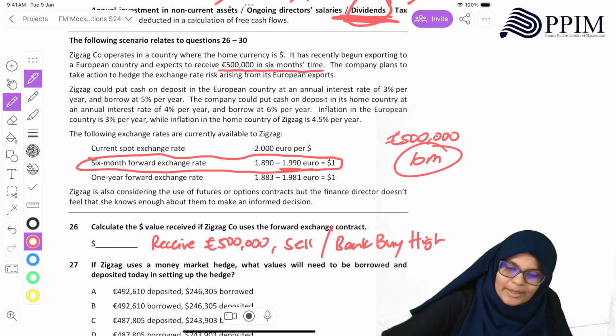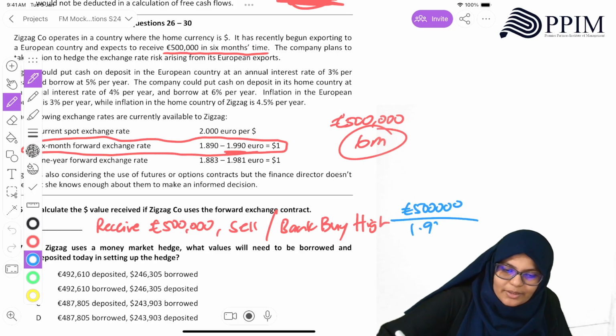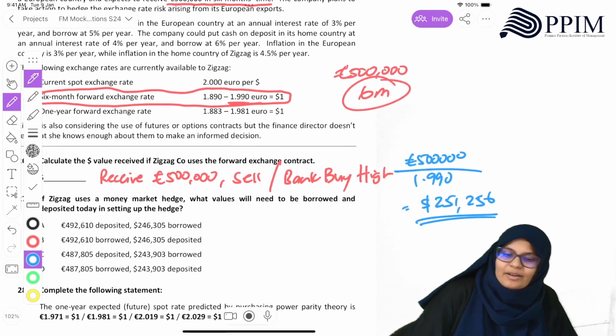So that will be 500,000 divided by 1.990, which will be $251,256. So that is how much you will get at the end of that 6 months.